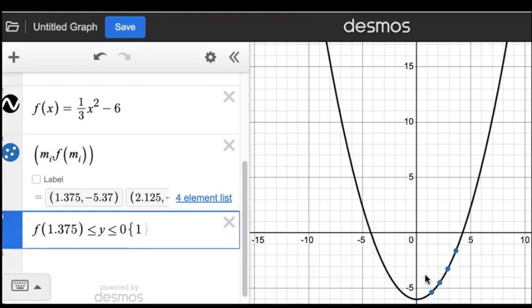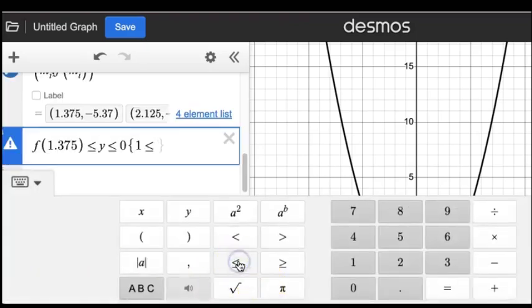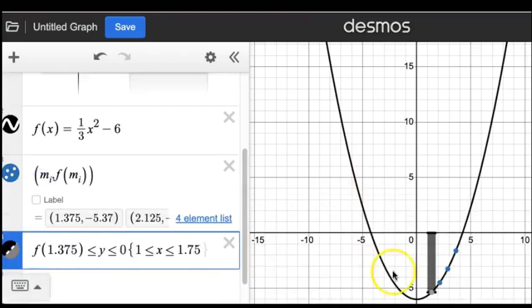So 1 less than or equal to x, less than or equal to 1.75, using the keyboard for this particular case. And so now when I hide the keyboard, there's that little rectangle that has the depth of f of 1.375, which is negative 5.37, and it has that width from 1 to 1.75.